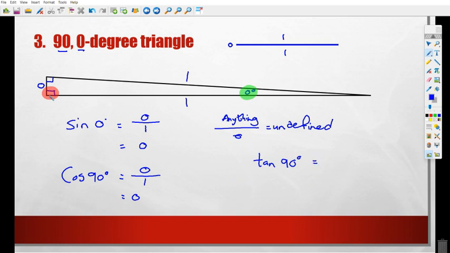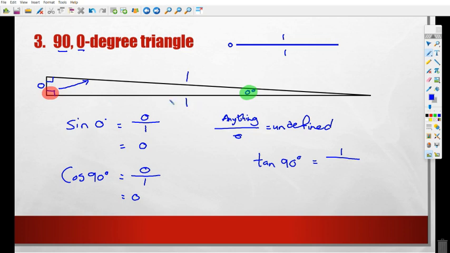Okay, so again, I'm looking at the 90 degrees, and we're going to say tan is opposite over adjacent. Opposite the 90 degrees is 1. And adjacent to the 90 degrees, is it 1 or is it 0? Good, it's 0.